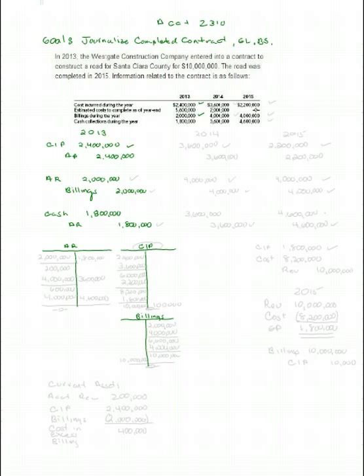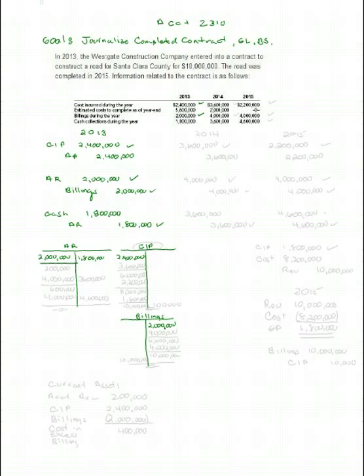Post construction in progress for $2,400,000. Post accounts receivable for $2 million, and post billings credit $2 million. Post our payments from our customers of $1,800,000. That's all we really need to post to see where we are.